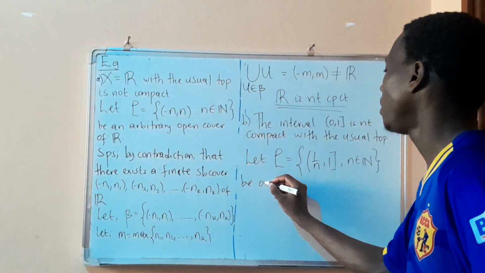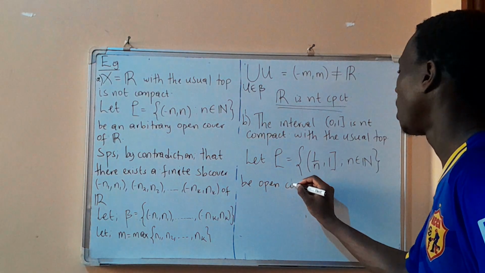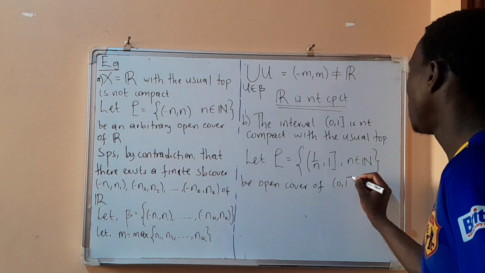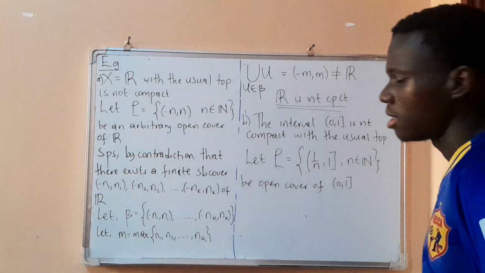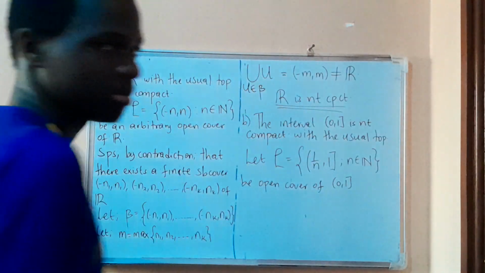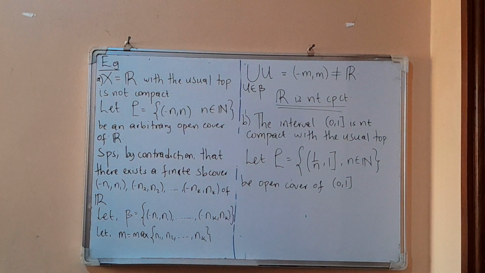This is an open cover of this interval. This is a collection of subsets whose union is all of that. So that is an open cover of that interval. We have to show that this open cover has no finite subcover.